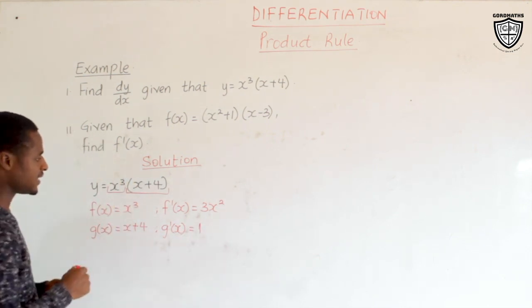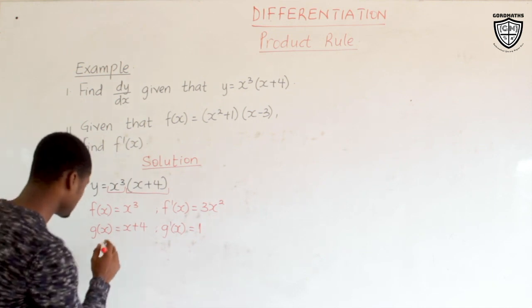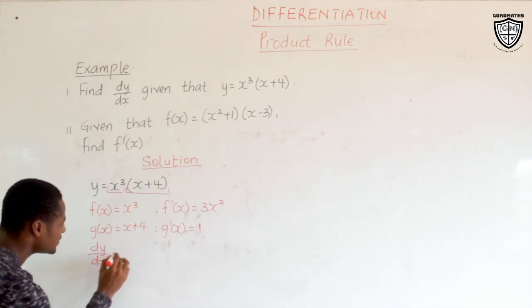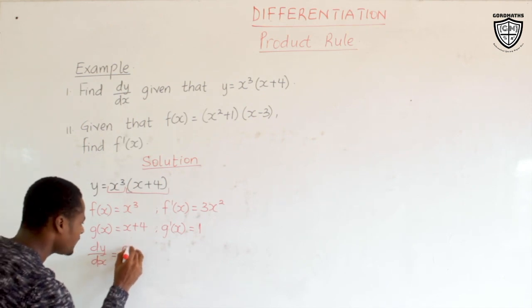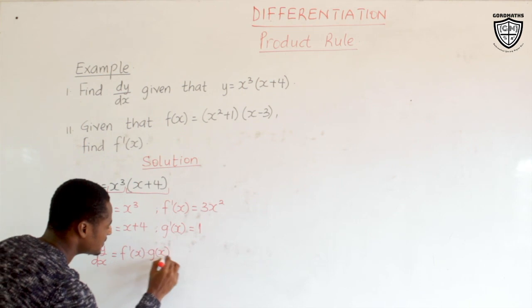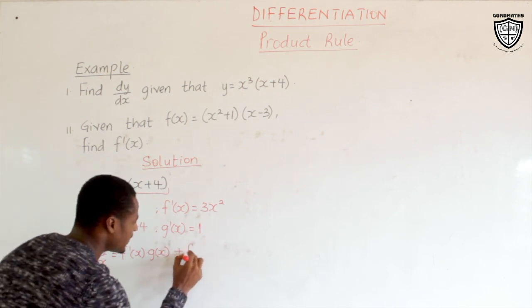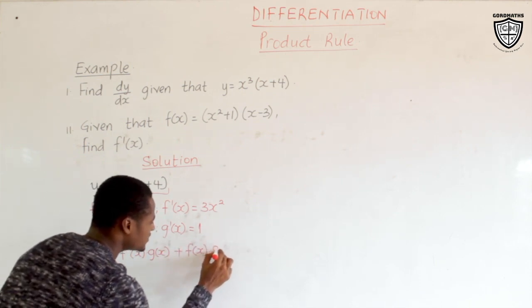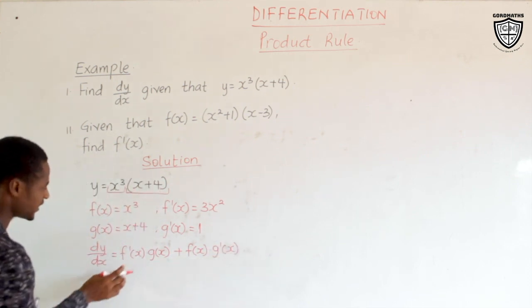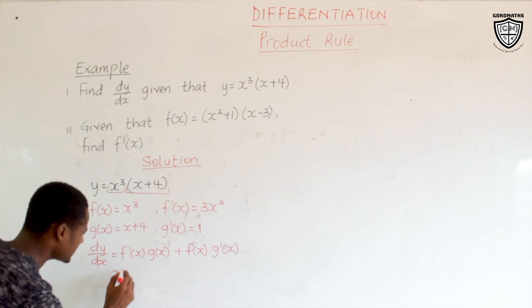Then applying the product rule, which says that dy dx is equal to f prime of x times g of x plus f of x times g prime of x. We would have f prime of x is 3x squared.